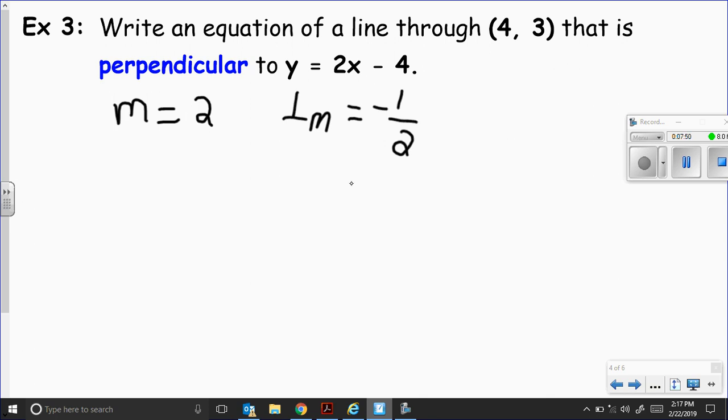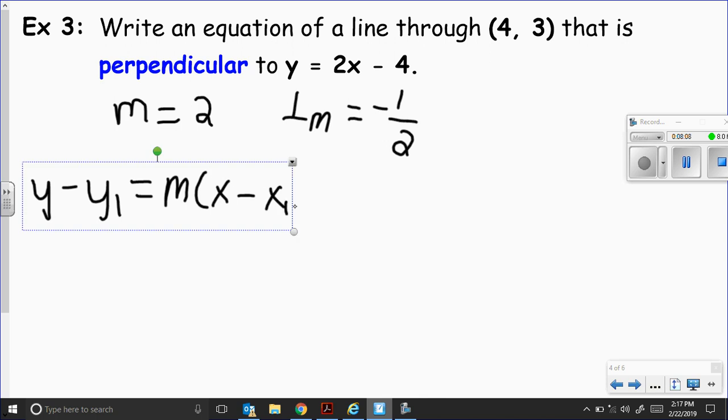And so now we're going to use this negative 1/2 slope with the point 4, 3 and figure out what the equation is. So we're going to plug it into the point slope formula. So y minus y sub 1 equals m times x minus x sub 1. And let's plug in.